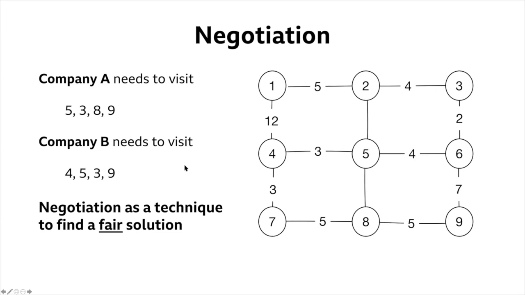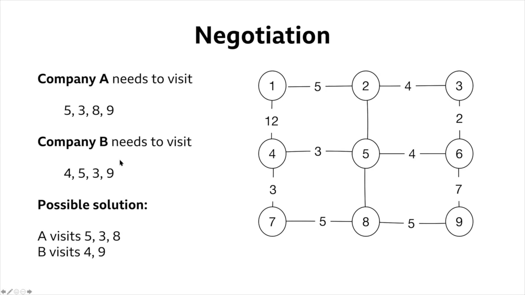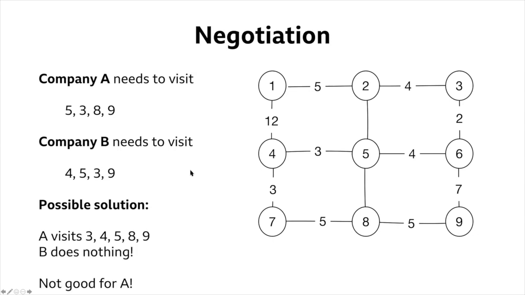Company A is not going to be very happy with a negotiation protocol which comes out with this as a particular solution, right? It's not going to want such a solution. It's going to be much happier with a solution which looks like this.